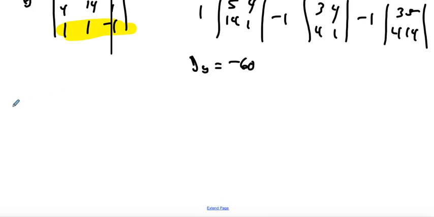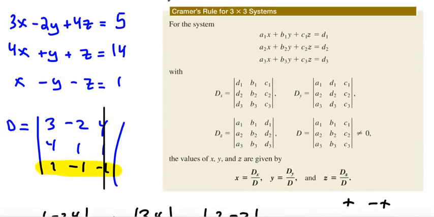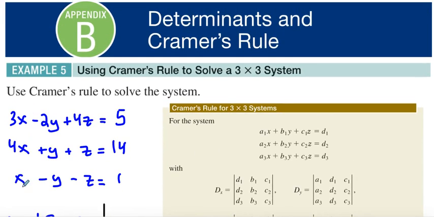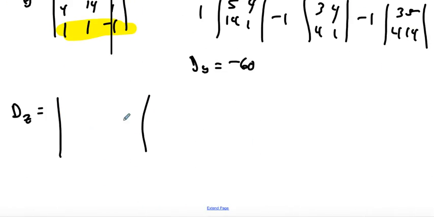Last but not least, we're going to go ahead and find d of z, and then we're ready to find this here. So the way that this works again is we are going to go back up to our original problem here, leave the x coefficients, leave the y coefficients, but then we replace the z with 5, 14, 1. Okay? All right.